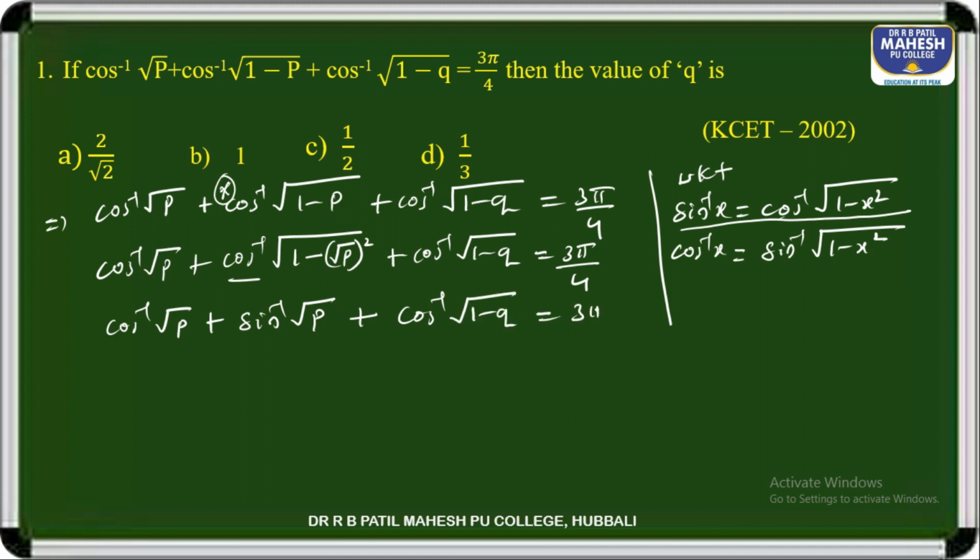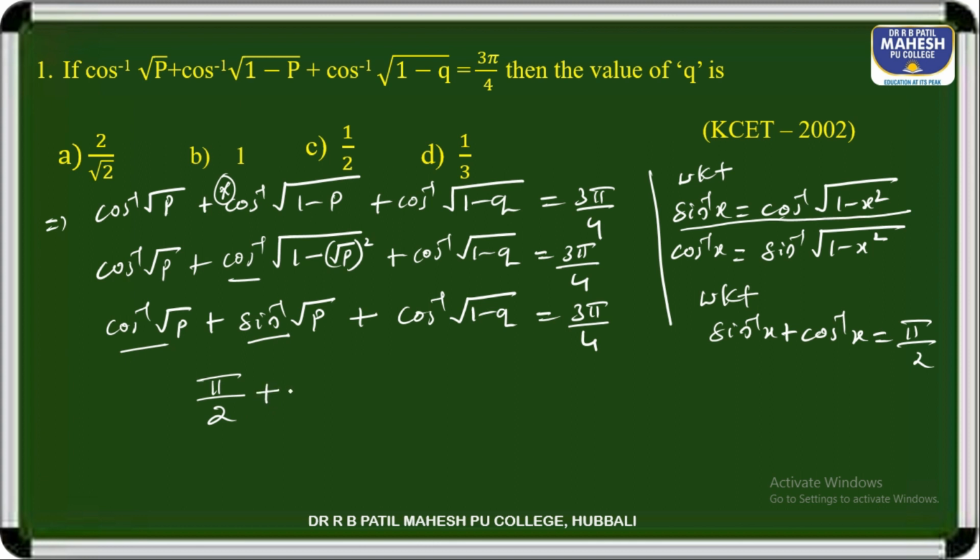Dear students, why I converted cos inverse into sine inverse is, again we know the standard property, that is sine inverse x plus cos inverse x is equal to pi by 2. So here sine inverse x plus cos inverse x, I will write it as pi by 2 plus the remaining term as it is, cos inverse of root of 1 minus q is equal to 3 pi by 4.